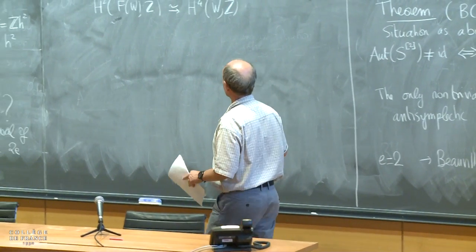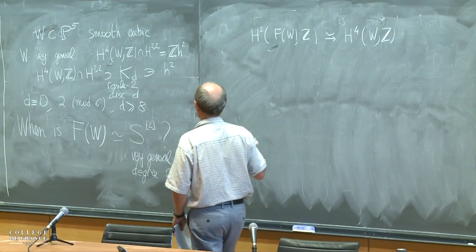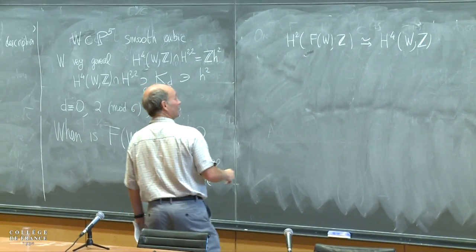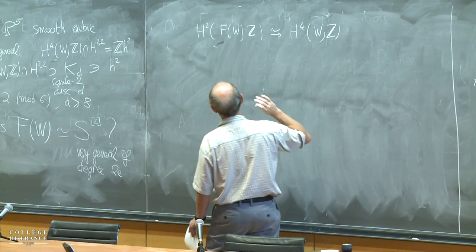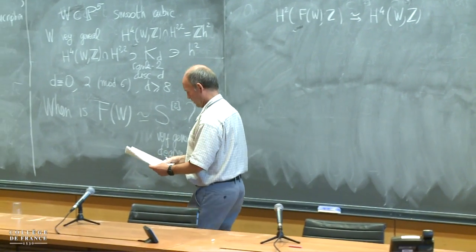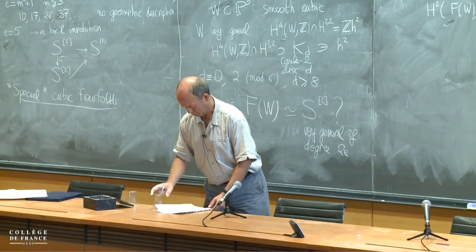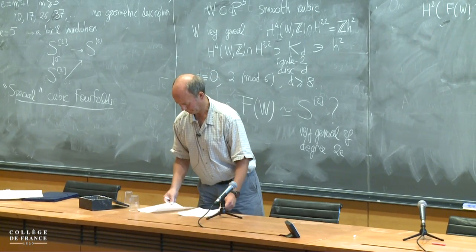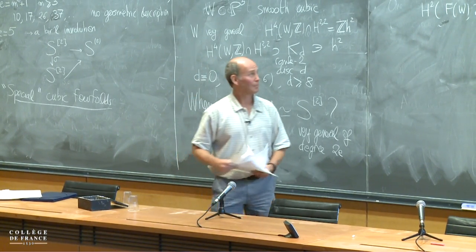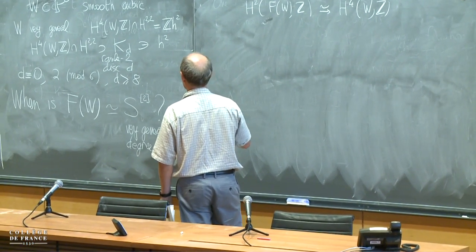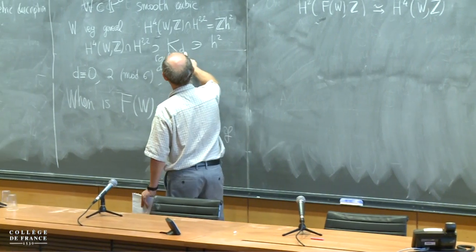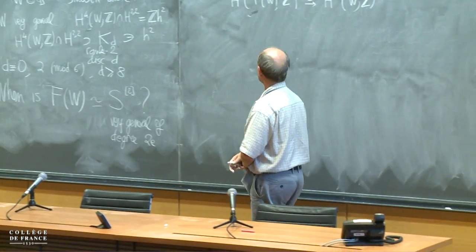Okay? So if you assume that you have this, you see that, okay, let me try not to confuse you. What we want to look at is the orthogonal of this lattice K_D.